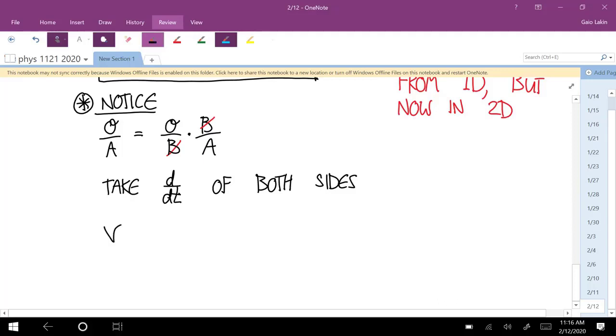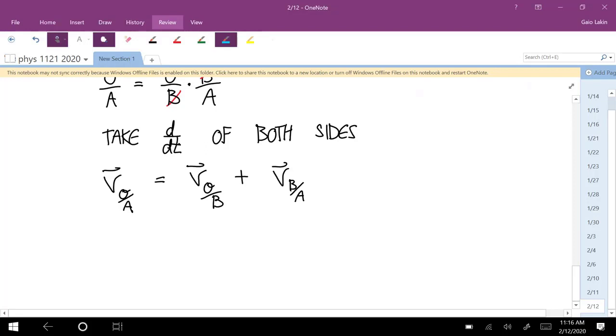So velocity of the object relative to A is equal to the velocity of the object relative to B plus the velocity of B relative to A. And same with acceleration. If you take another time derivative, so the acceleration of O relative to A is equal to the acceleration of O relative to B plus the acceleration of B relative to A.